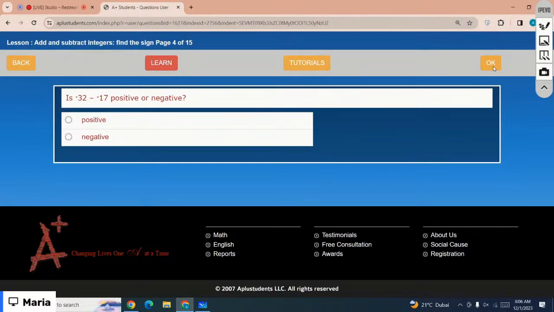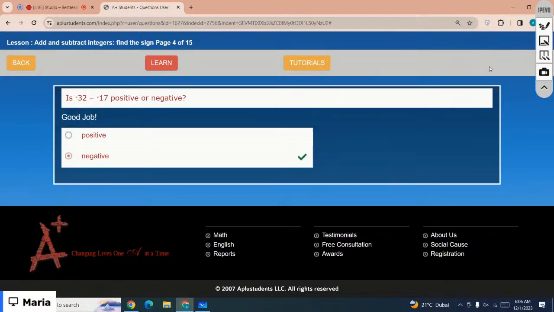Is negative 32 minus negative 17 positive or negative? Subtracting a negative integer is the same as adding, right? But 32 is a greater number. 32 is negative, so the answer must be, yes, that would be negative. The correct option is negative.